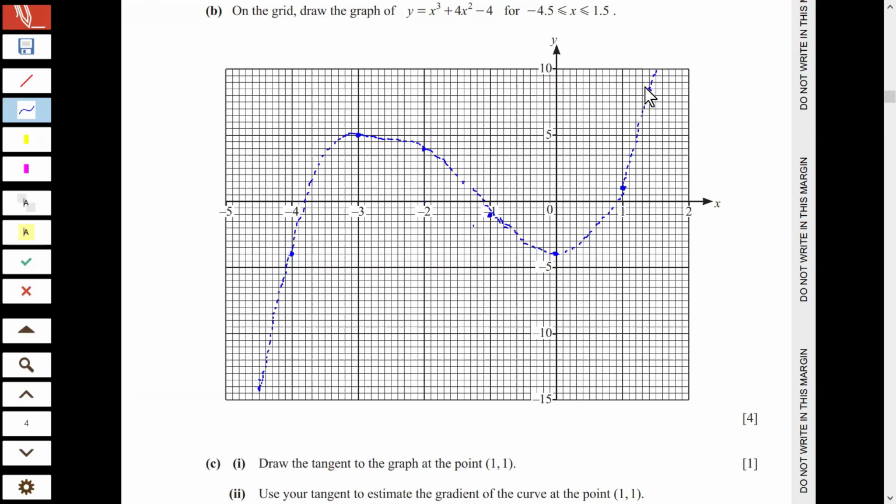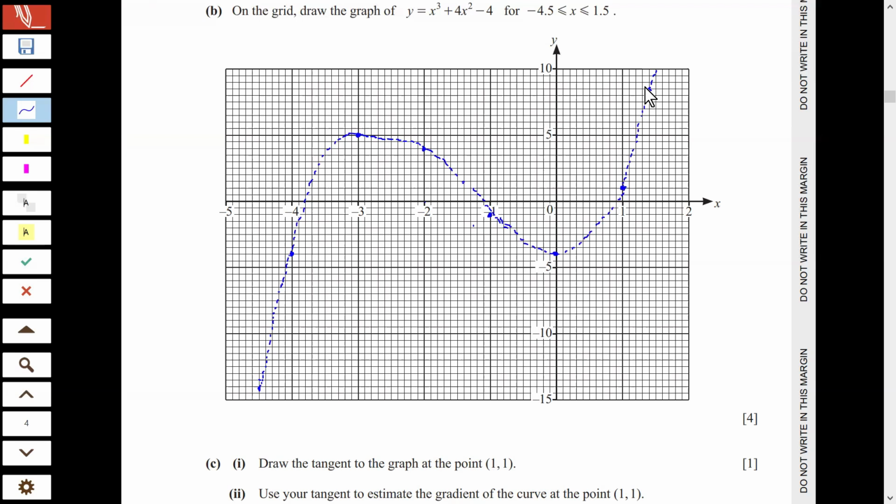So we have something like this. Yours should be much better than this. If you're doing this in exam conditions, you should draw it properly using a pencil. So what we have here is a curve.